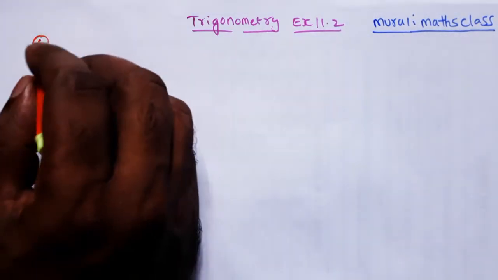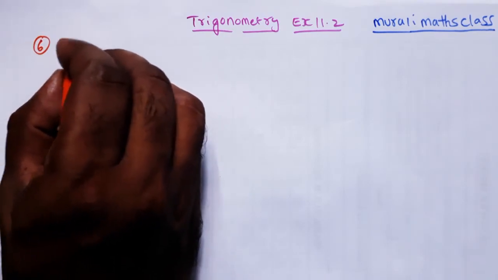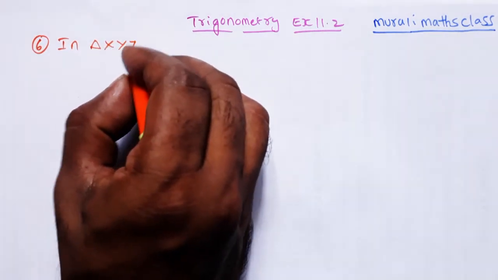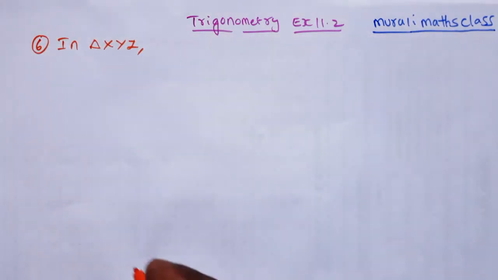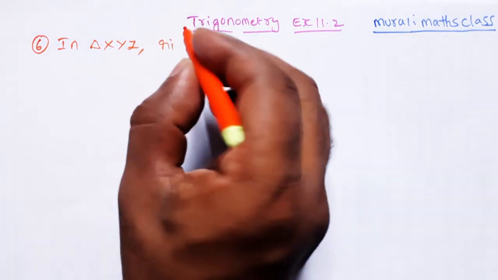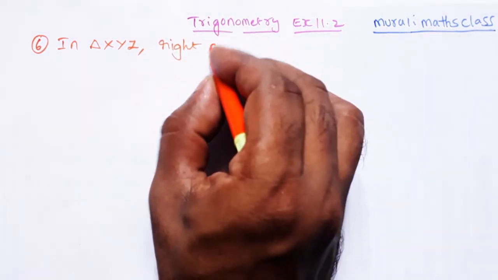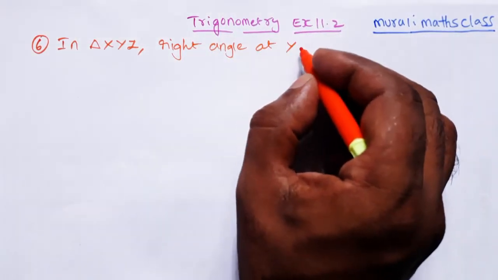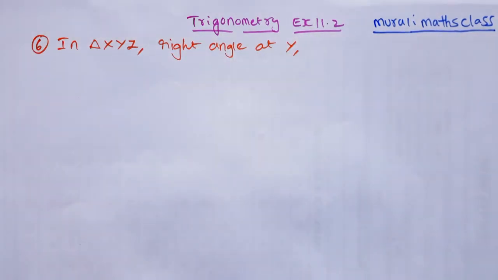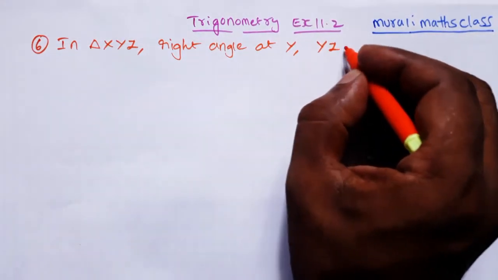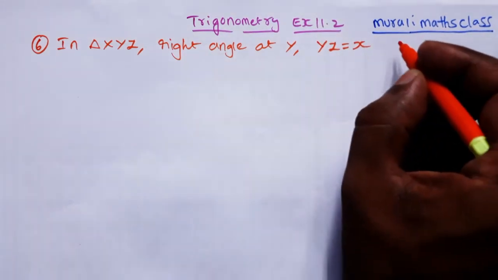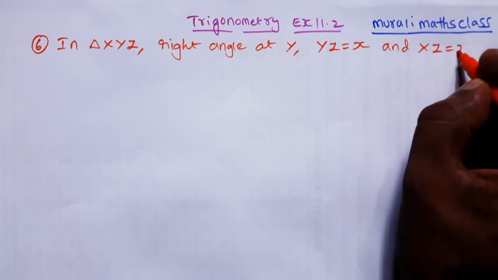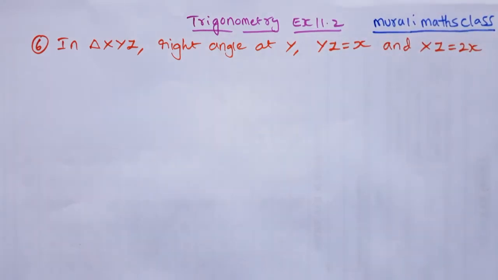In triangle XYZ, right angle at Y, then YZ equals X and XZ equals 2X.